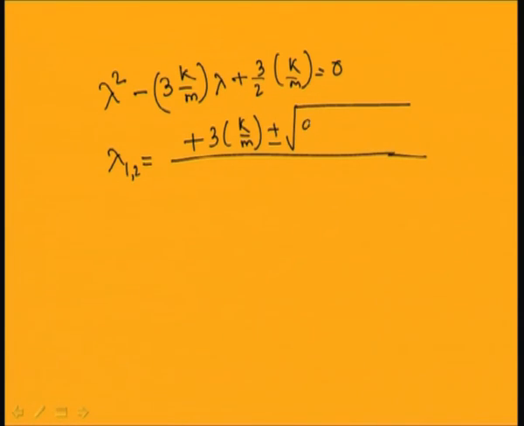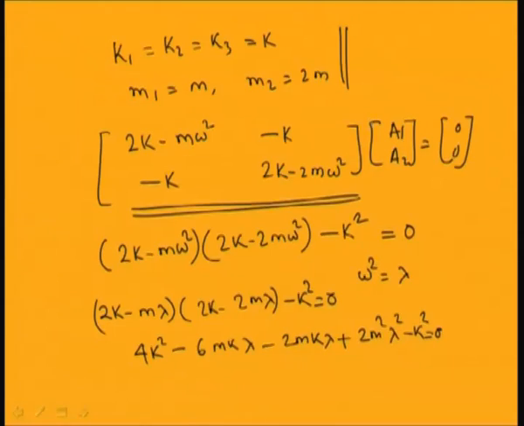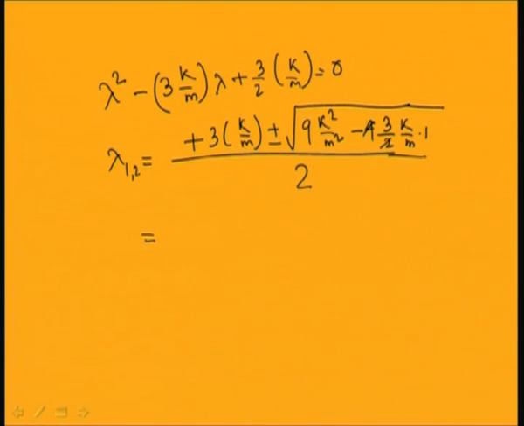Here b square becomes 9 k square by m square, and the denominator is 2 into 3, that is 6, for 9 k square by m square.